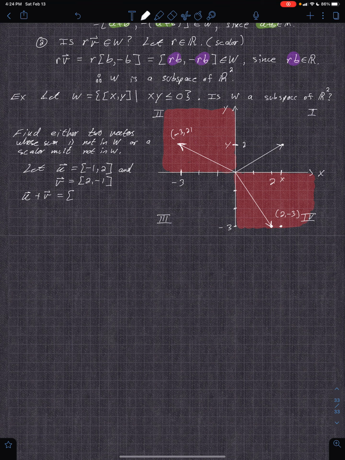You clearly see that's (1, 1). But 1, 1's product is positive, so that's clearly not in W. That's all you got to do. Therefore, W is not a subspace. So you just have to show one.